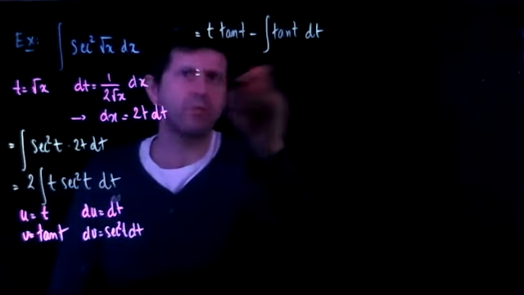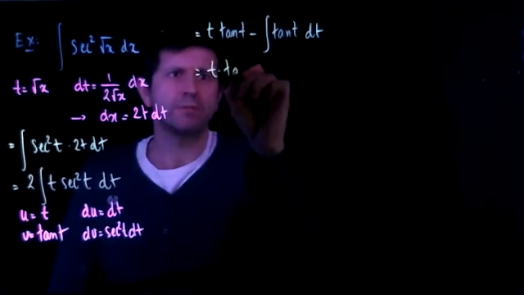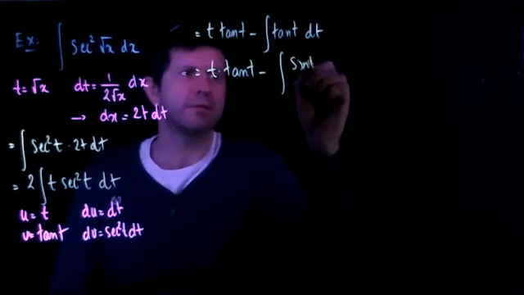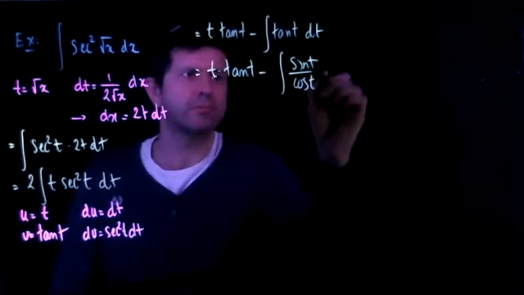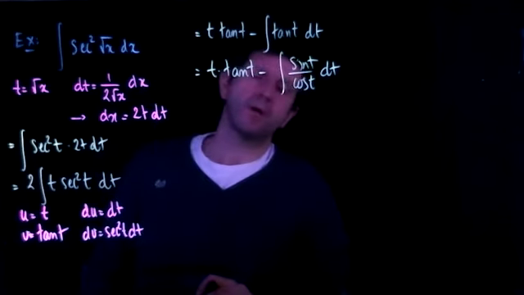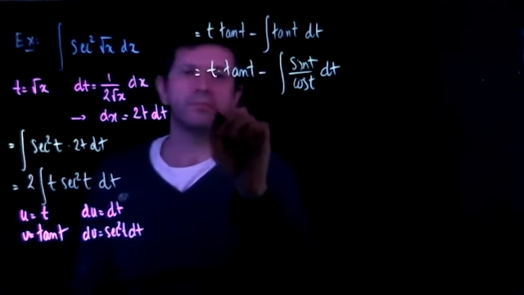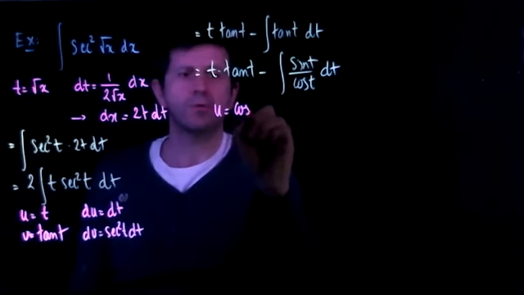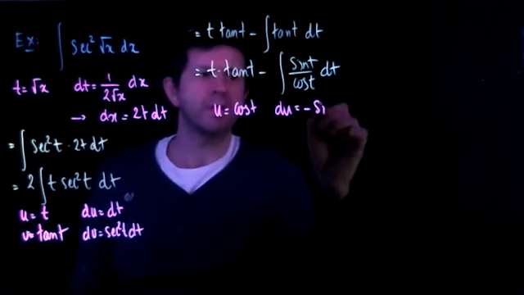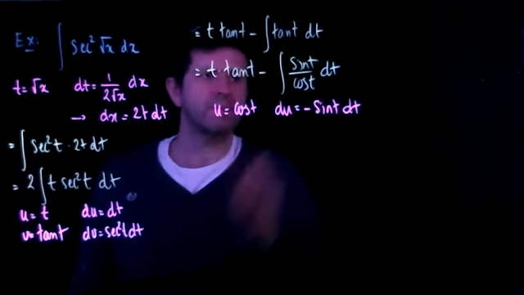Okay, so this one I think we did in the substitution worksheet. Tangent is sine over cos. Okay, and if you remember, we called u equals cos t, du is negative sine t dt.